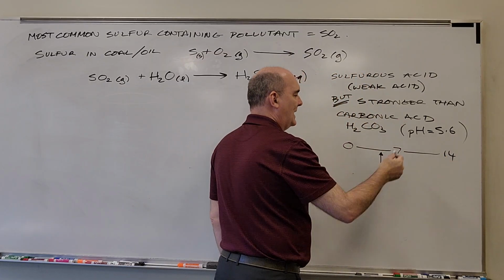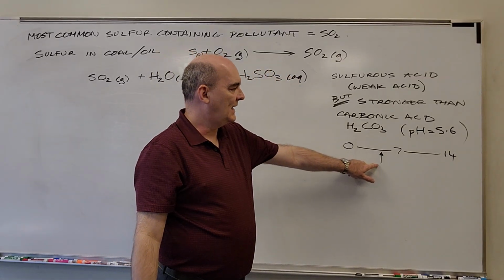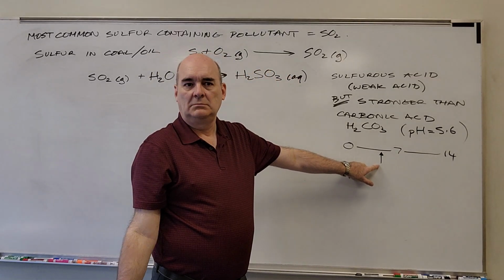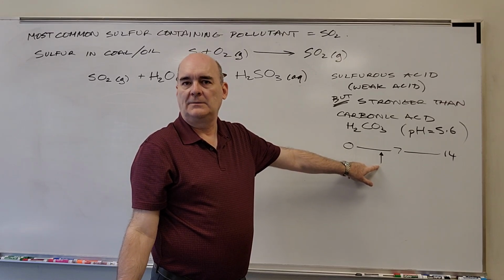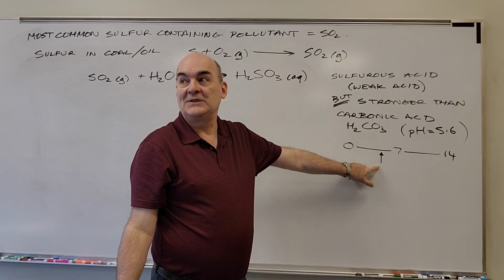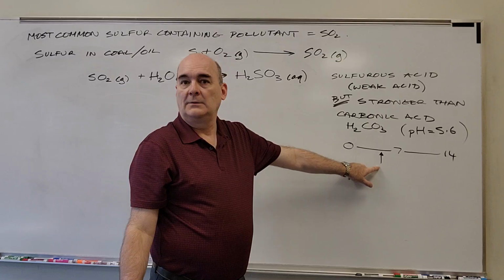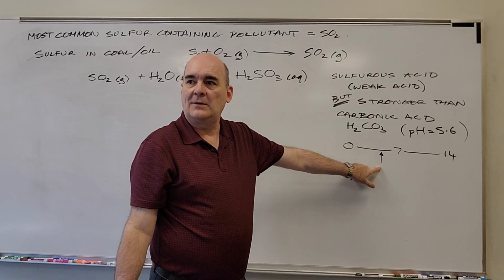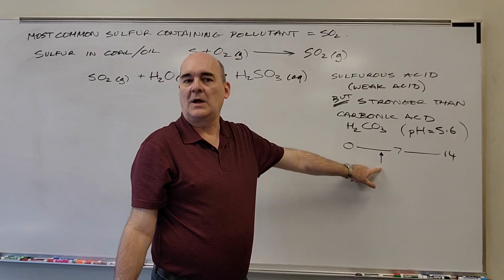And we just call that natural rain. The rain that dissolves carbon dioxide has a pH of 5.5. Out in the countryside where the air is clean, the rain is acidic to the value of about 5.5 because it's dissolved carbon dioxide.